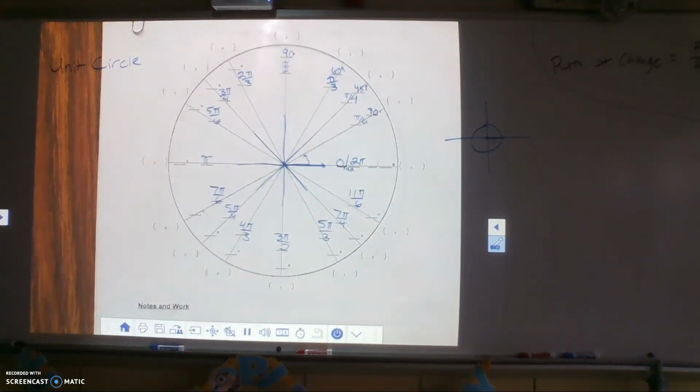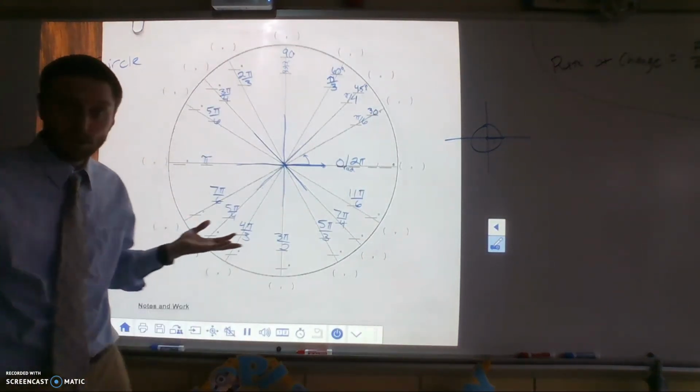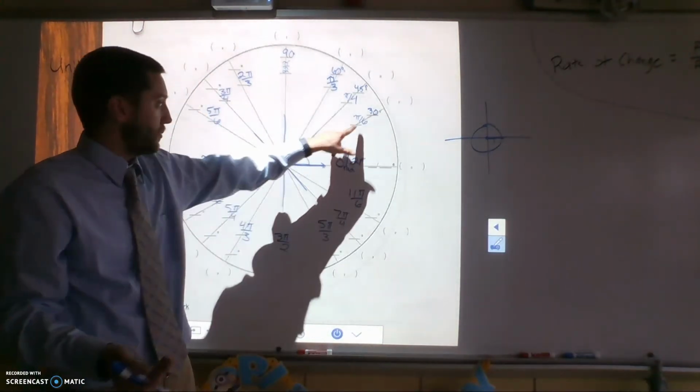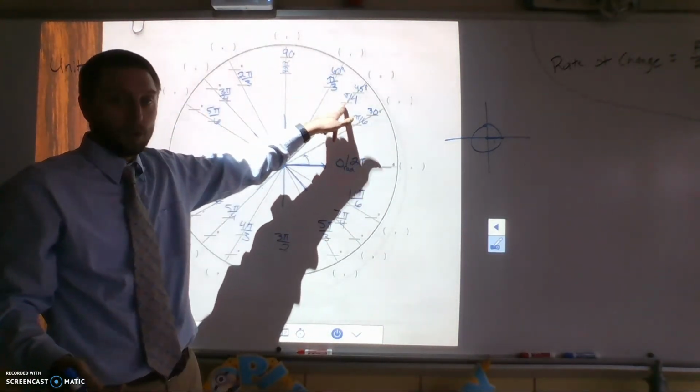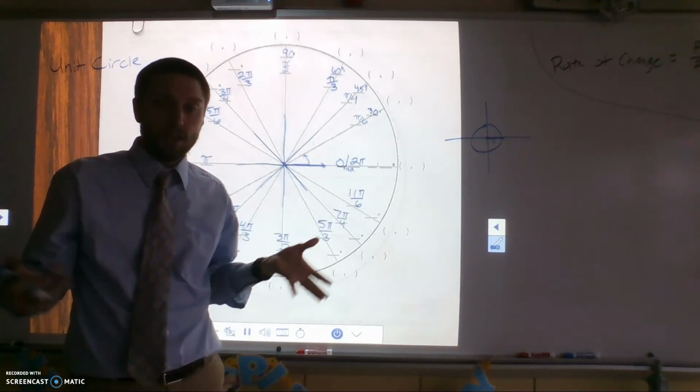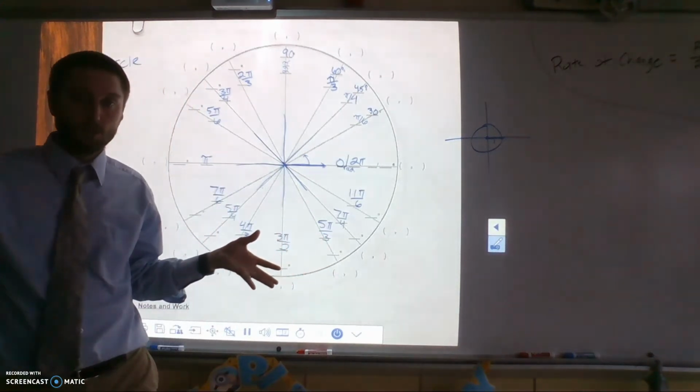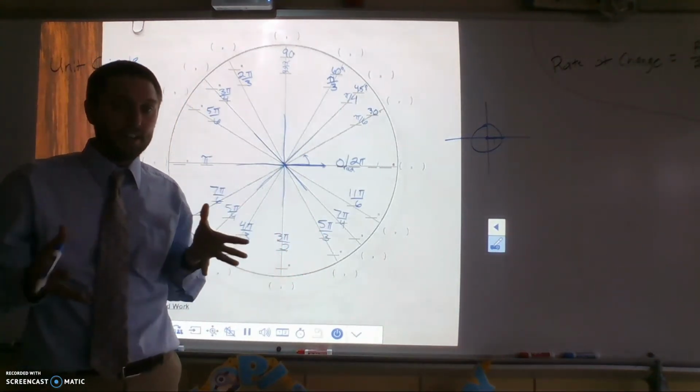So we could also say all the way around the circle is 2 pi radians, which we talked about yesterday. Oh, look, we did it. All I had to do was know this is pi over 6, this is pi over 4, and then if I know how to count, I can fill in all the angles of my unit circle.